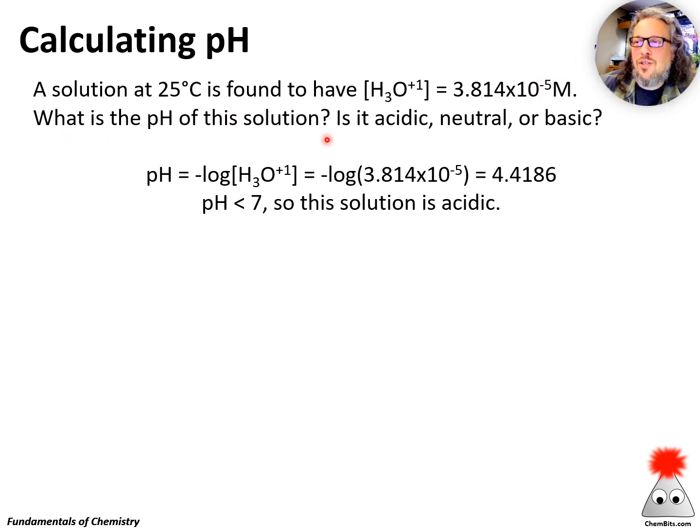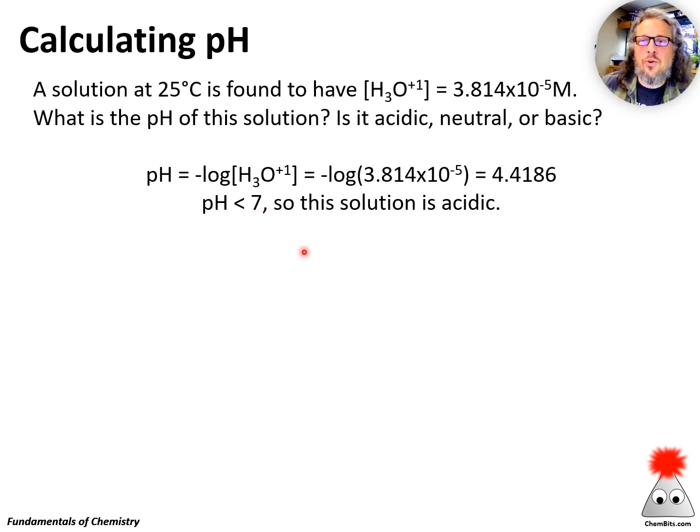What's the pH of this solution, and is it acidic, neutral, or basic? So pH is equal to negative log of the H3O plus concentration. Plugging my value in from the problem, I get that this is at pH 4.4186, and that's less than 7, so this solution is acidic.